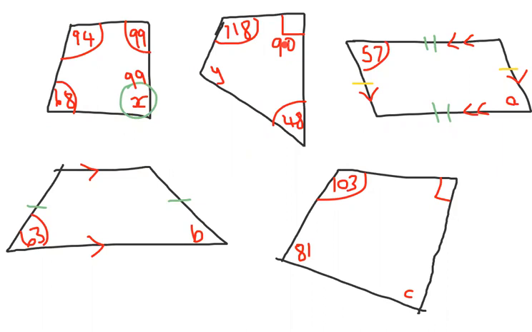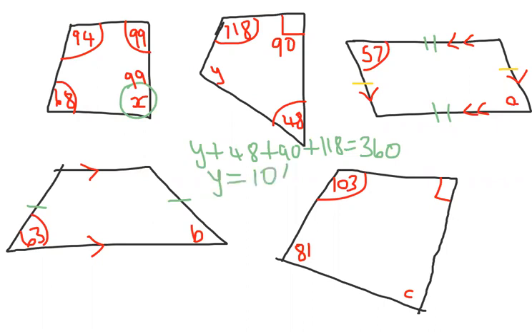And now you can do exactly the same, where you say Y. I'm going to do it maybe more at the bottom. So Y plus 48 plus 90 plus 118, all of that equals 360. So the same like the previous sum, and then you can work out Y will equal 104.